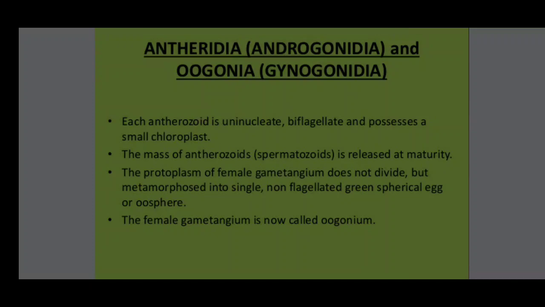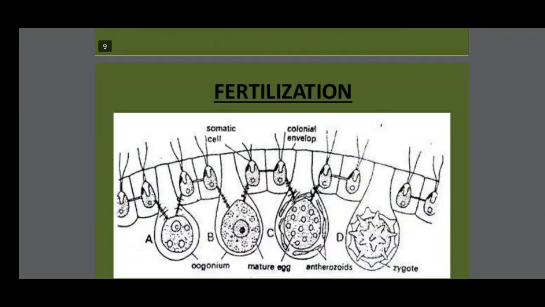First of all, antheridia. Each antherozoid is uninucleate, biflagellate and possesses a small chloroplast. The mass of antherozoid cells is released at maturity. The protoplasm of the female gametangium does not divide but metamorphoses into a single non-flagellate green spherical egg or oosphere. The female gametangium is now called the oogonium.